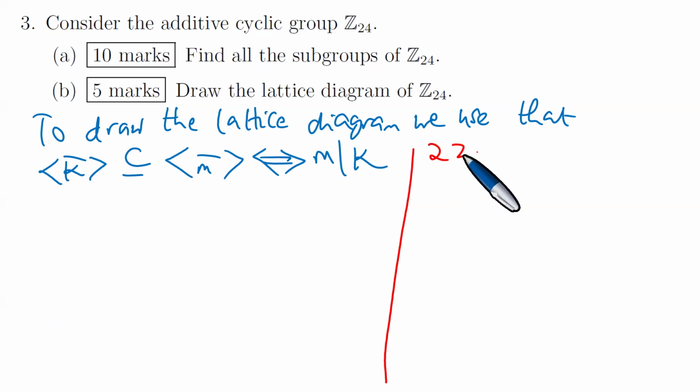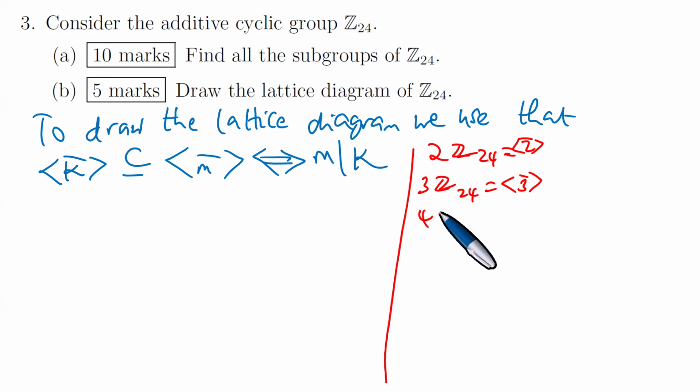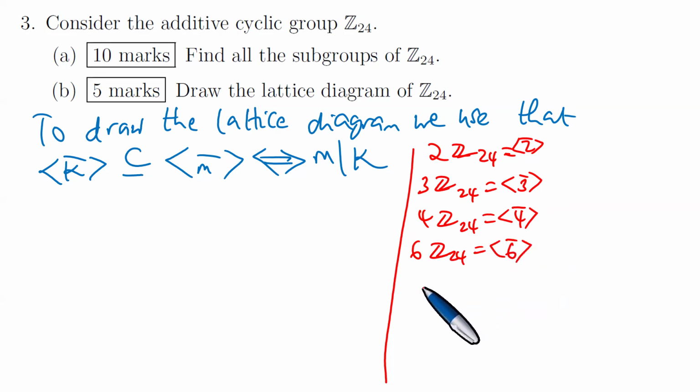We can write 2 Z24 is 2 bar, 3 Z24 is 3 bar, 4 Z24 is 4 bar, 6 Z24 is 6 bar, and 8 Z24, the subgroup we got, is 8 bar.